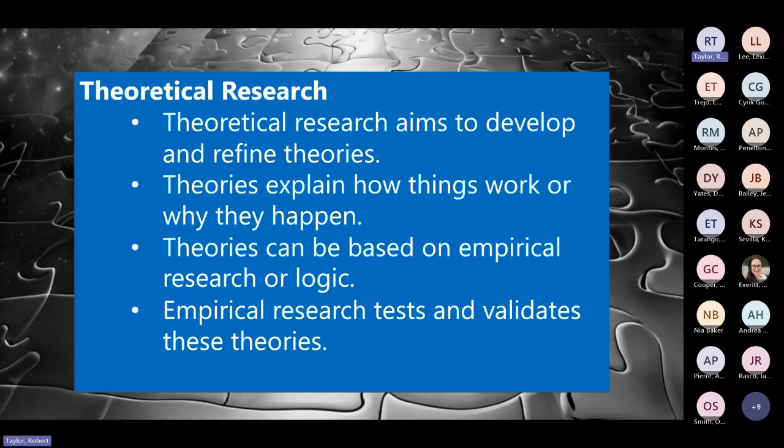So in other words, when Charles Darwin first published his work that helped us to discover and develop the theory of evolution, his views are much different than our views today because we've had thousands of empirical research studies to help us better understand that theory. So we still are using the theory of evolution to explain the origins of life, but our understanding is much different because of empiricism.